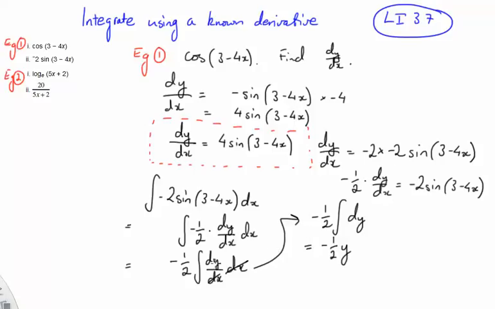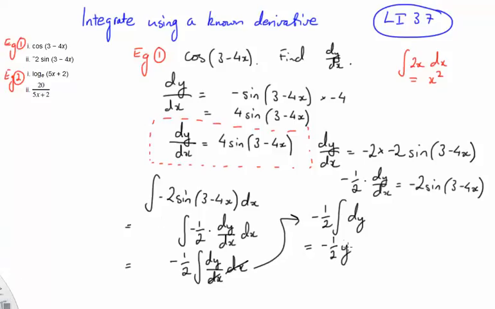The integral of the derivative is just the original function. If you integrate the derivative of something, you get the original function. So if you integrate 2x, you get x squared, the original function. Here, the integral of the derivative gives you y.